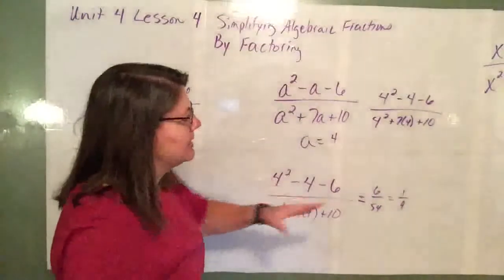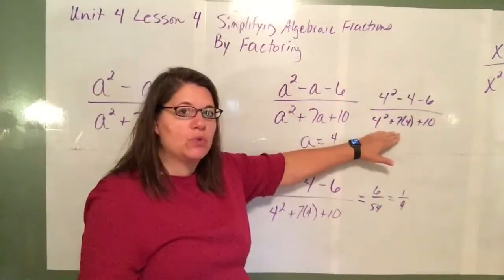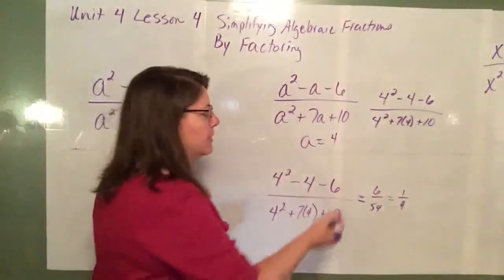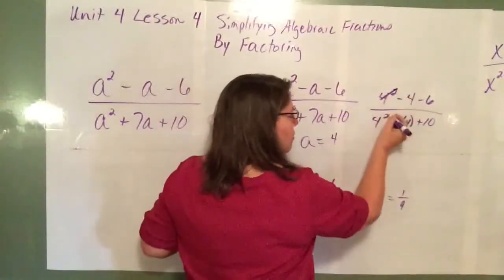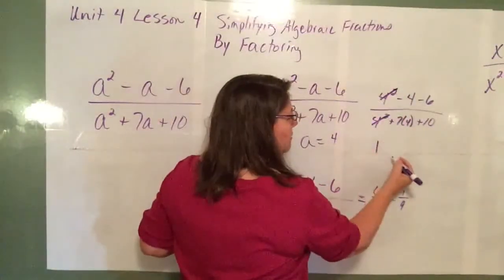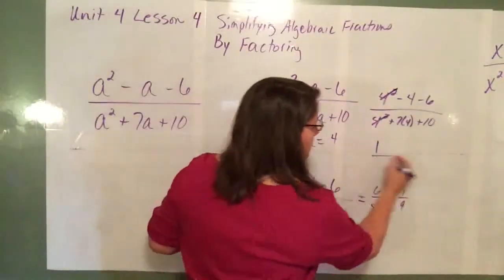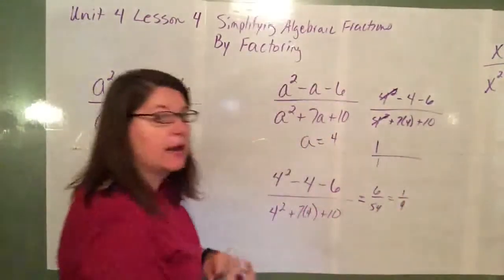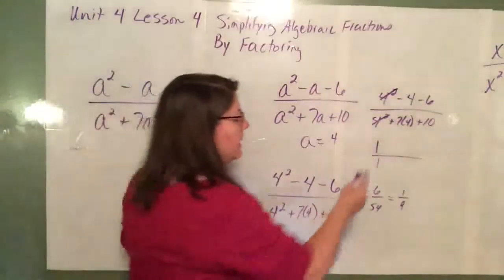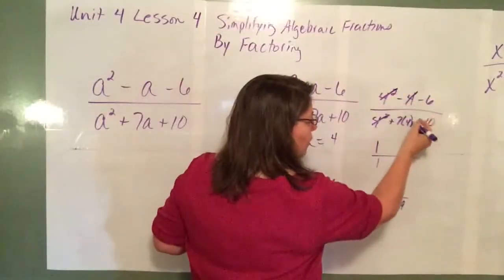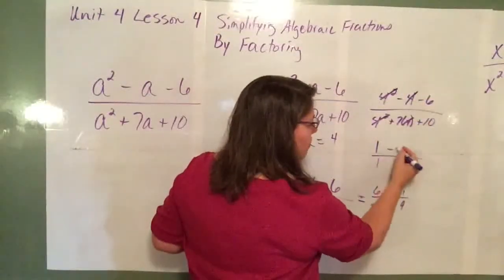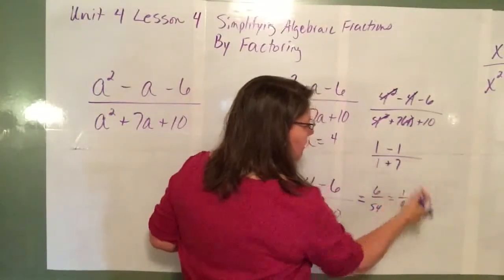Well, if I try to cancel things out that are attached with addition, look what would happen. If I say 4 squared cancels with 4 squared, that leaves me with a 1. We could say that's a 1 on top, or 1 over 1. It really doesn't matter which way you do it. Here, if we say this 4 cancels with this 4, that leaves me with a minus 1 and a plus 7.